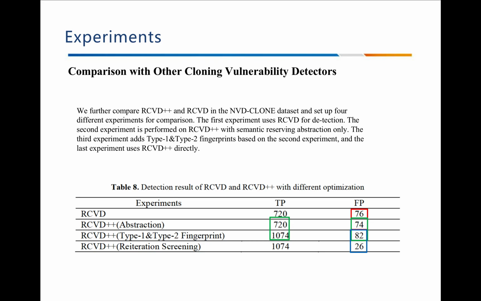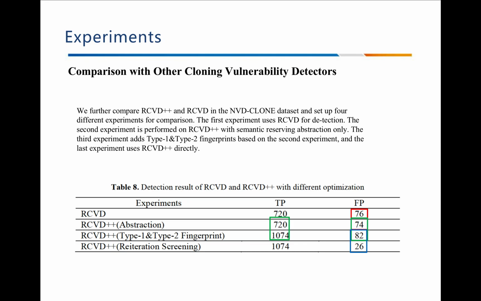Then we further compare RCVD++ and RCVD on the NVD clone dataset. We set up 4 different experiments for comparison, and each experiment adds one optimized method proposed in this paper. As shown, semantic preserving abstraction reduces the number of false positives by 2.